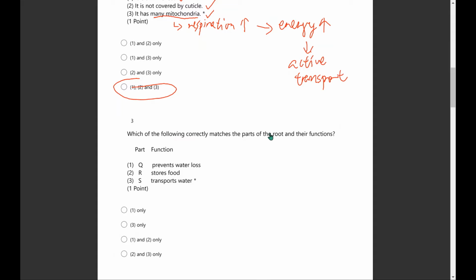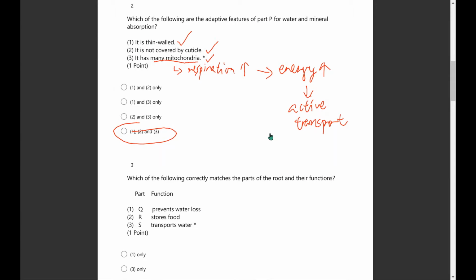Then, which of the following correctly matches the parts of the root and their functions? Now Q is the epidermis. For epidermis, it's not covered by cuticle in roots, so there is no way for Q to prevent water loss.